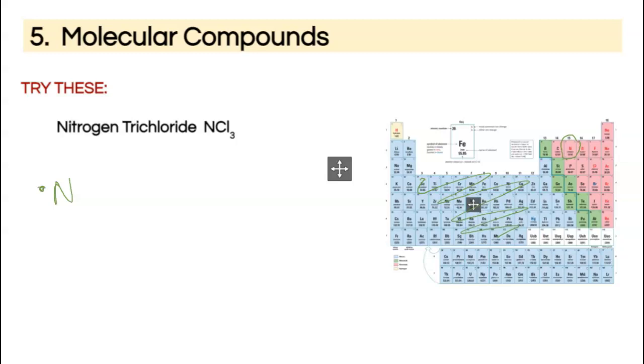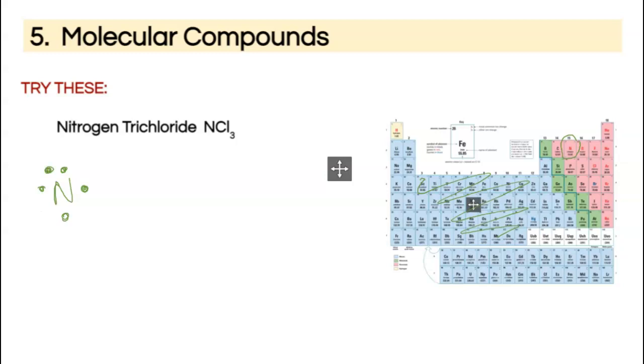So I'm just going to show that in here. And I also have chlorine, which has 7 valence electrons. Actually, I'm just going to reposition one of these electrons so that we can more easily deal with the chlorines.